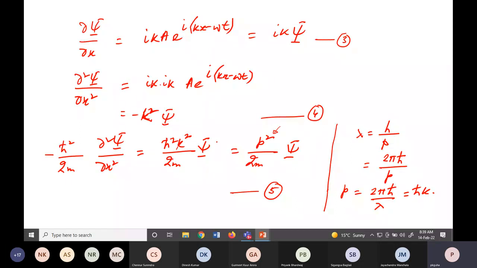So now if you use conservation of energy, okay, what is conservation of energy? Conservation of energy is total energy equal to kinetic energy plus potential energy. Okay, so this is my potential energy part, potential energy of the particle, and this is the kinetic energy of the particle.